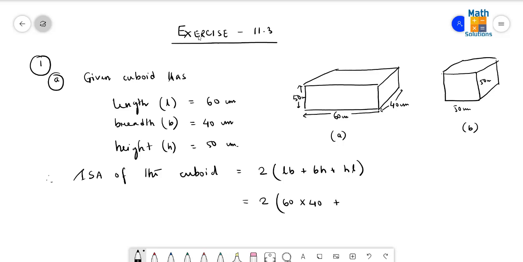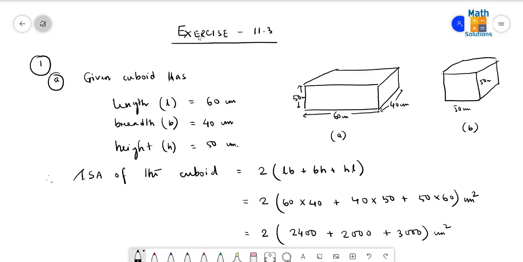Here again the value is 40 into 50. Then next we have 50 into 60. Unit will be centimeter square. So here 2 into, within the bracket, 2400 plus 2000 plus 3000 centimeter square.